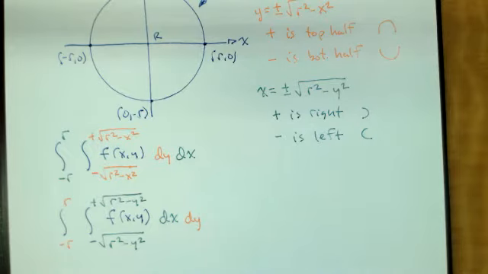Any questions? Let's suppose that we had parts of the circle. That we just wanted some parts of the circle. Let's suppose that we want to describe the part of the circle in quadrant 4. So let's say another region.